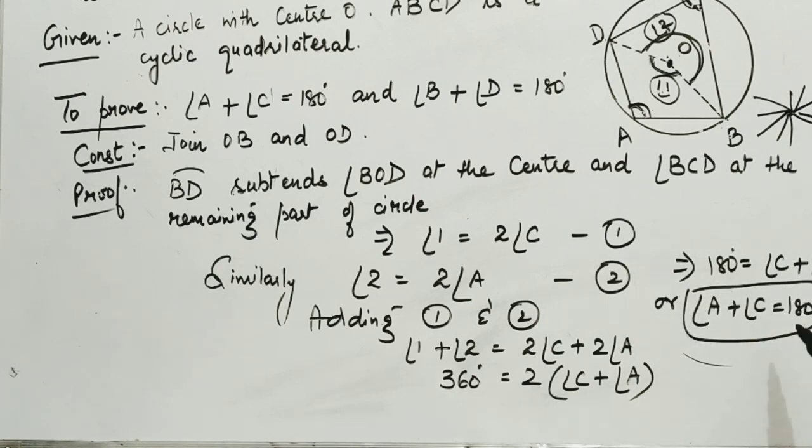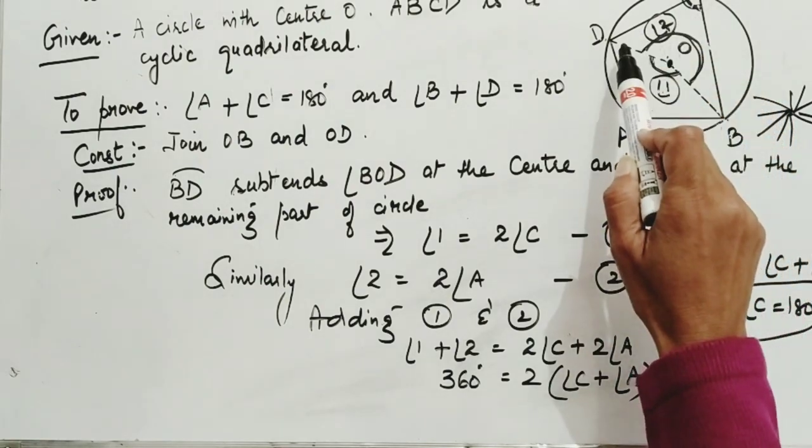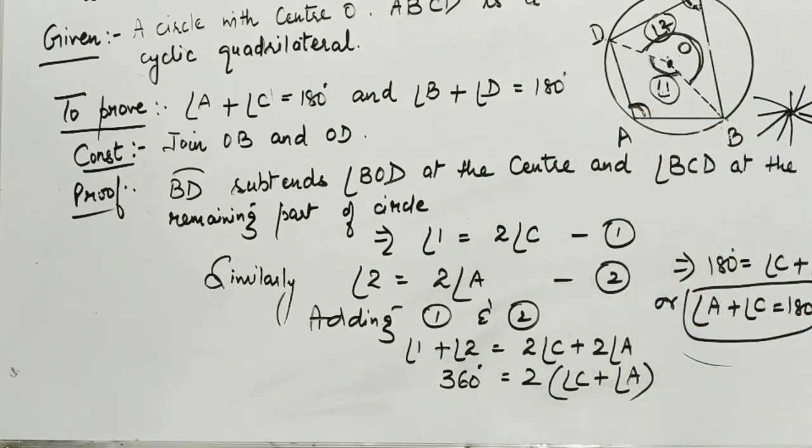One way is this; another way is to apply the angle sum property of a quadrilateral, because we know the sum of 4 angles of a quadrilateral is 360. If these two add up to 180, then the remaining two must add up to 180, then only the 4 angles would give us the result of 360 degrees. I'm sure this is clear. It is one of the most important theorems. Check all the steps carefully.